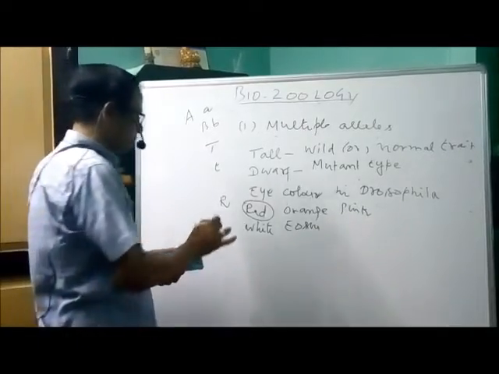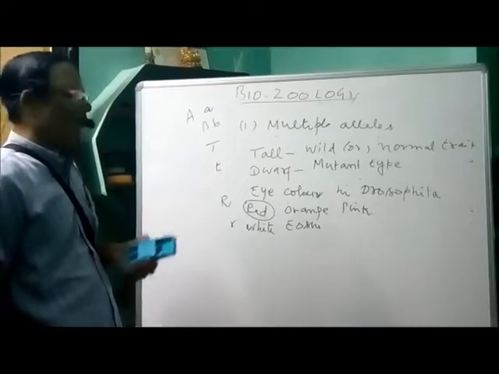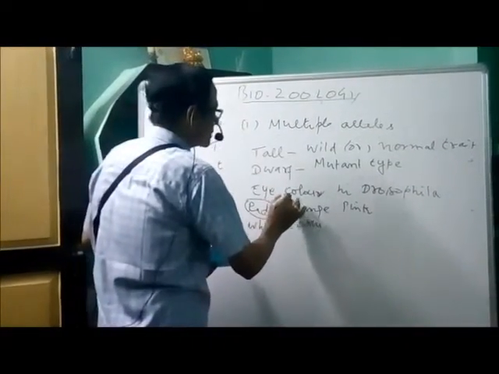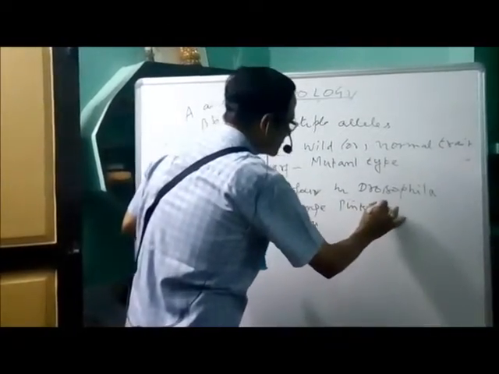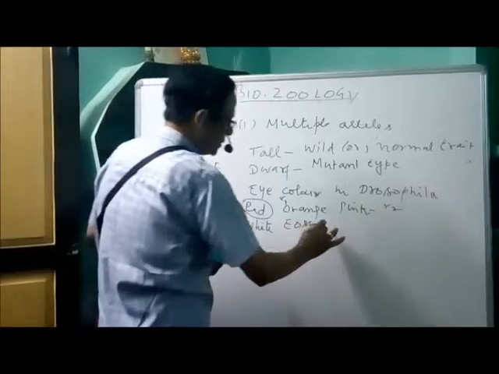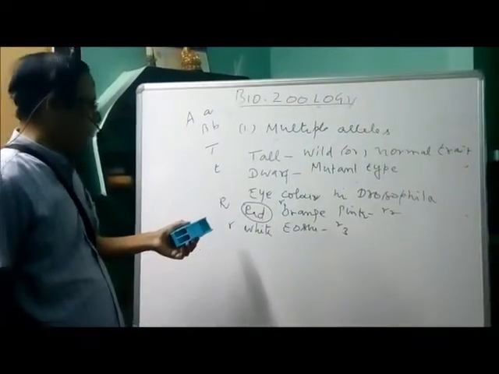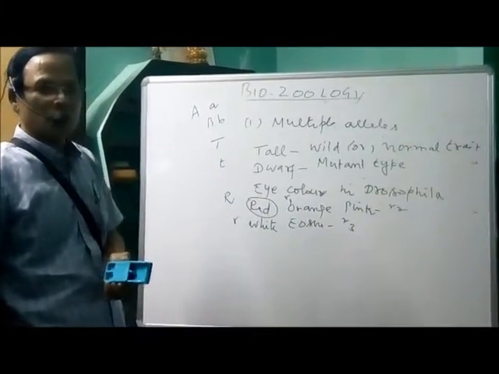Let's assume the white eye color is produced by a recessive gene, small r, a mutant allele. Orange eye color is controlled by R1. Pink eye color is controlled by R2. Yellow eye color is controlled by R3. See here, we have more than 2 alleles instead of just capital T and small t.